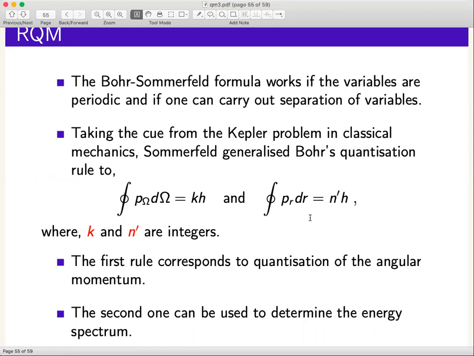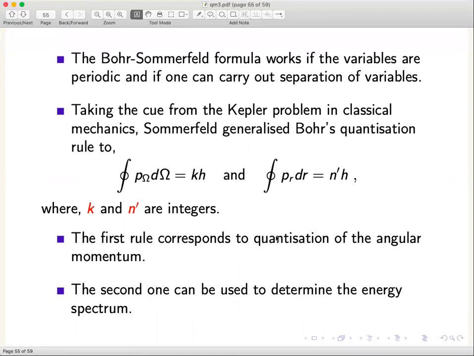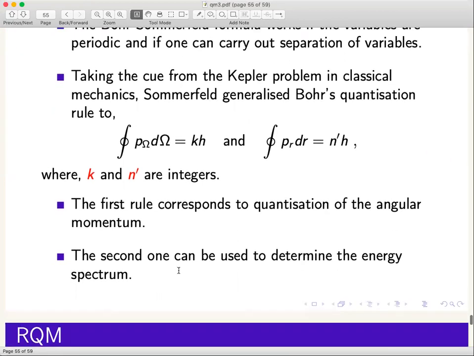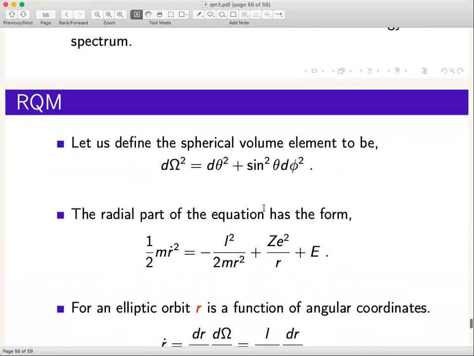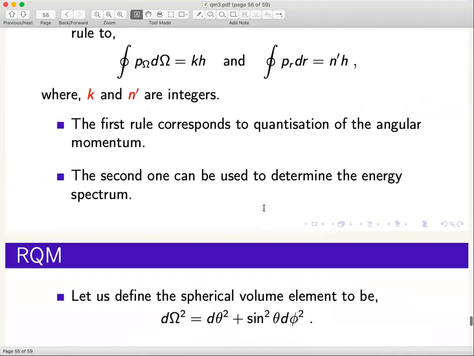He used that relation to determine the leading behavior of the spectrum of the hydrogen atom problem. Quantization tells us that both k and n prime are integers in this case. This is what I just said. Any questions here?